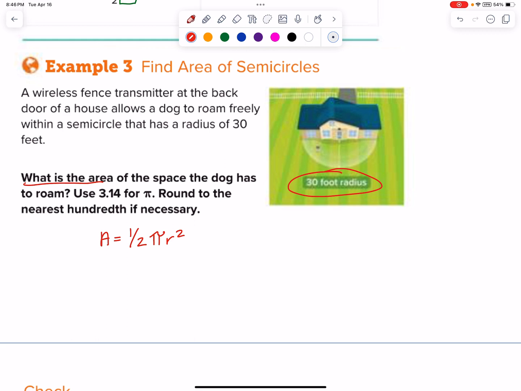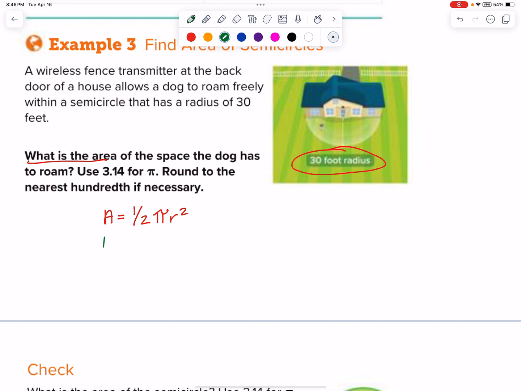However you want to write it, doesn't really matter. It's all the same thing, okay? So let's go ahead and work this out. We have our area equals 1/2 times 3.14, and then we have our radius of 30 squared.